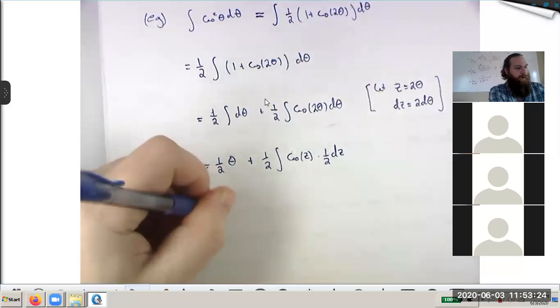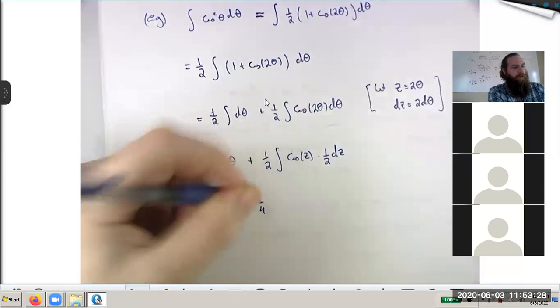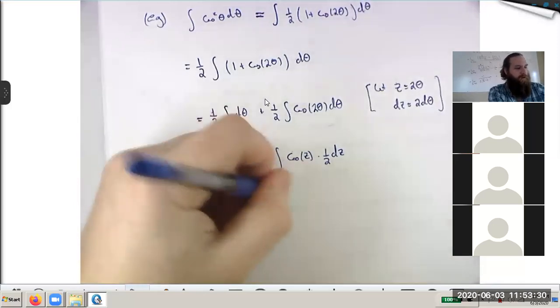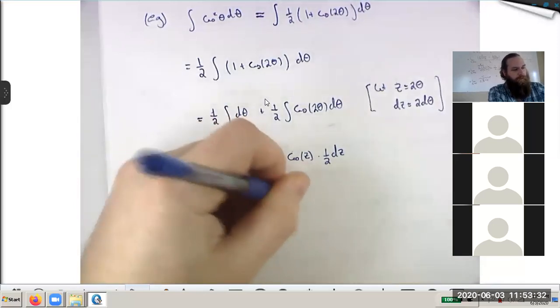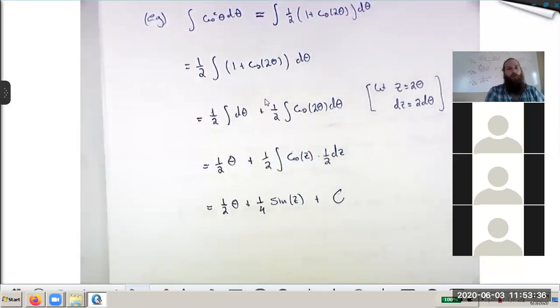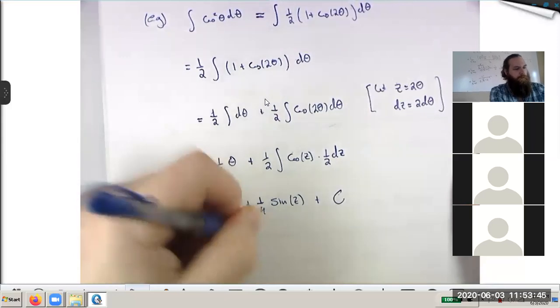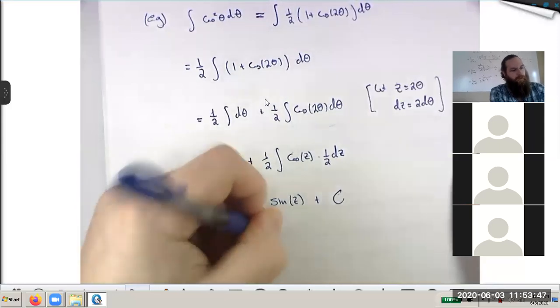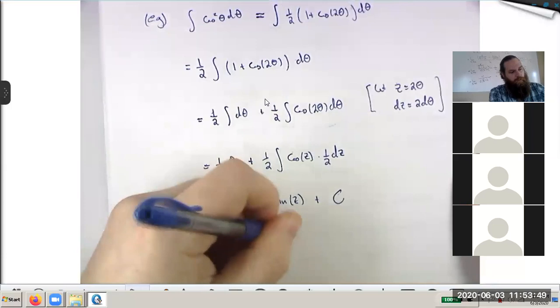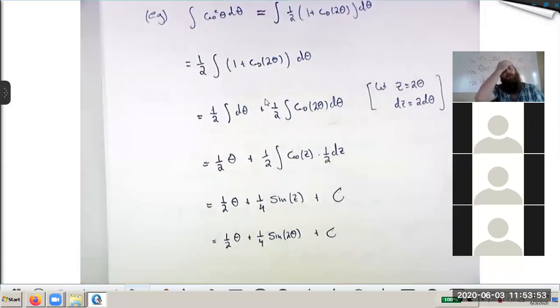So this is 1/2 theta plus 1/4, and then an antiderivative for cosine is sine. And at this stage, I need to start writing my plus c because I don't have any more integral symbols. And then lastly, I plug in 2 theta for z. So that's how we integrate cosine squared.